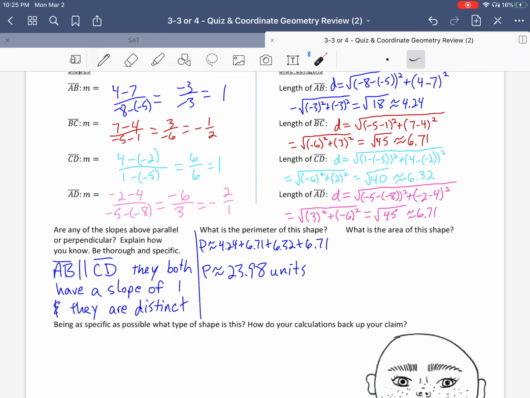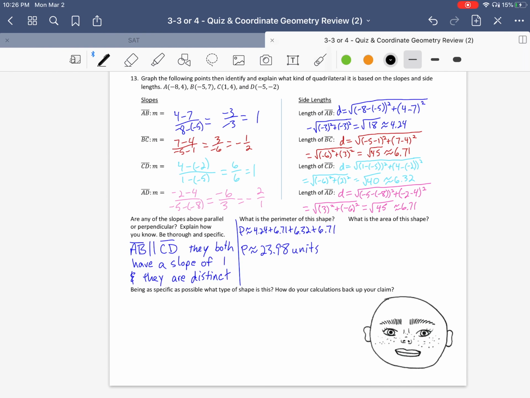While they are reciprocals, the fraction is flipped upside down, they are not opposites. Both of these slopes are negative, so they're not opposite reciprocals, they're just reciprocals, so they are not perpendicular.